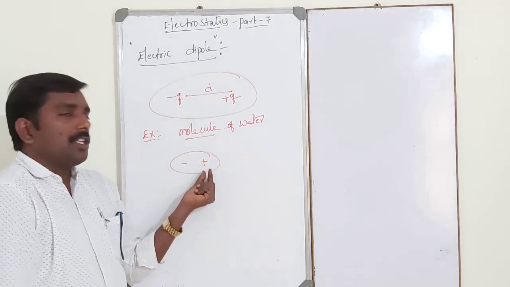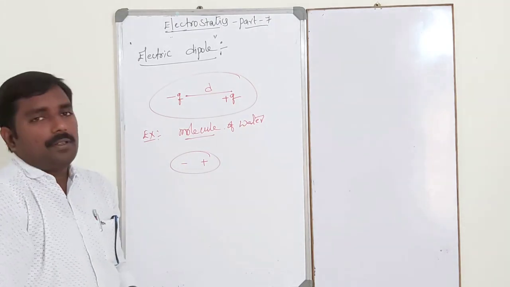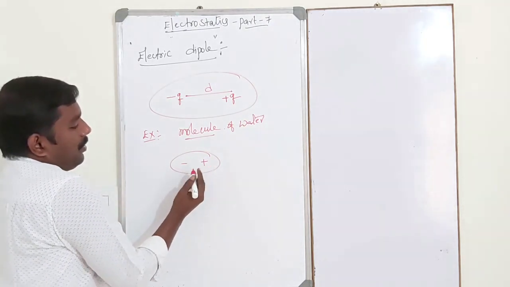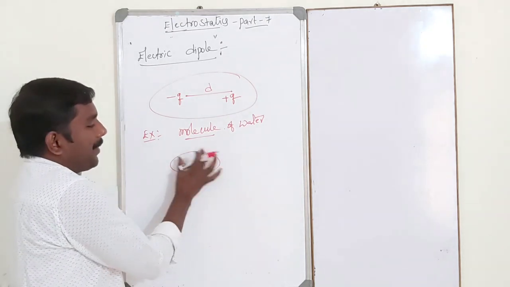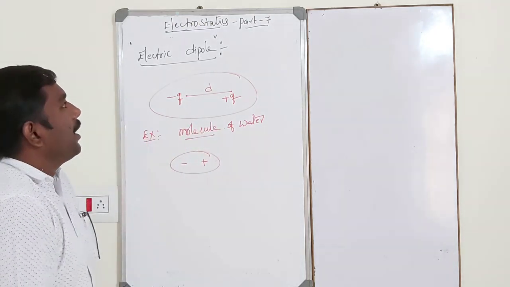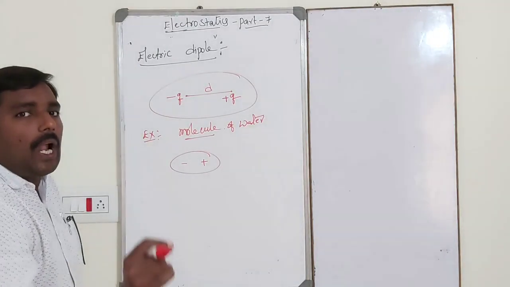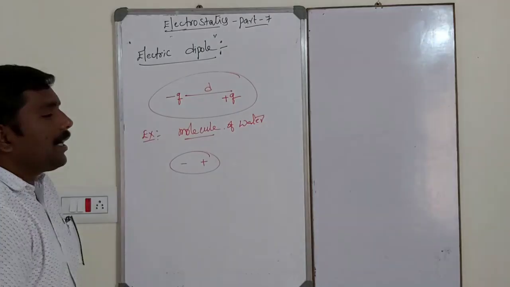Of course, positive charge means protons, negative charge means electrons. So this is the molecule, where negative charge and positive charge get separated like this. This is the example for electric dipole. Two equal and opposite charges separated by a small distance is called an electric dipole.